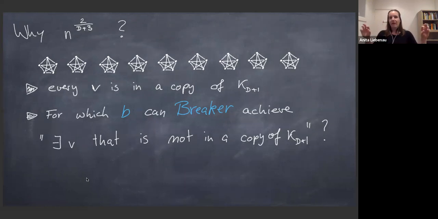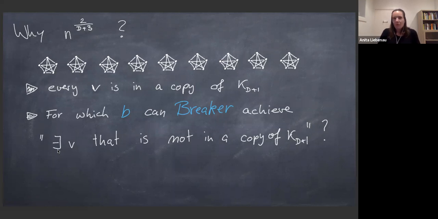So in Maker's graph, every vertex will be in a copy of K_{d+1}. And let's try to mess with just that. So let's try to find out for which b can Breaker achieve that there exists some vertex v which is not in a copy of K_{d+1}. That's all we want. So then certainly Maker's graph won't contain a K_{d+1} factor.